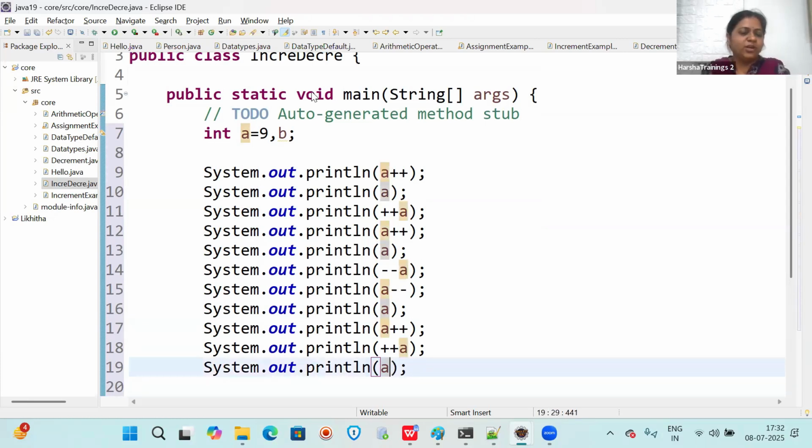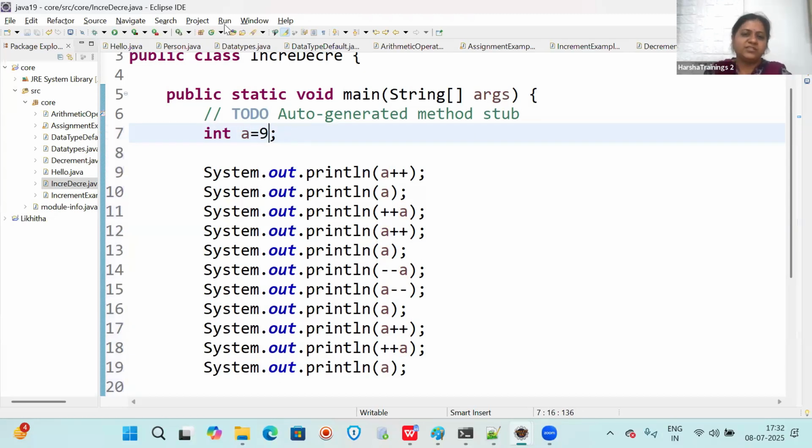Everyone of you, those who have joined the online session, you can share your answers. Consider the value of a as 9. Now what will be the answer of all these values? The value of a plus plus or a will be the same because that is the post.